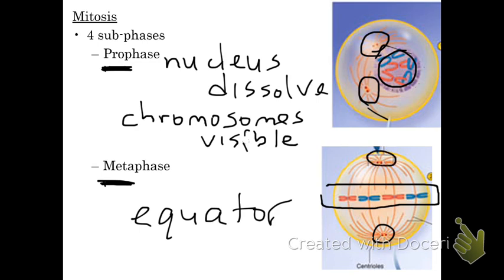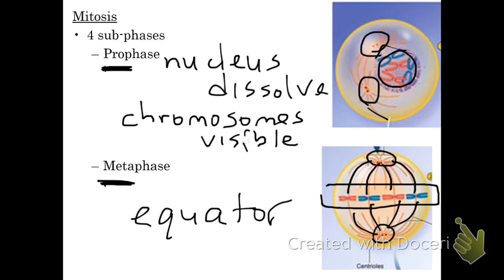And the centrioles, made of microtubules, are going to reach out and grab these chromosomes. Now remember that these chromosomes are already duplicated. Remember back in the cell cycle, we said that in the S phase, the DNA underwent replication. So that means that when the cell enters into mitosis, it already has duplicated chromosomes.